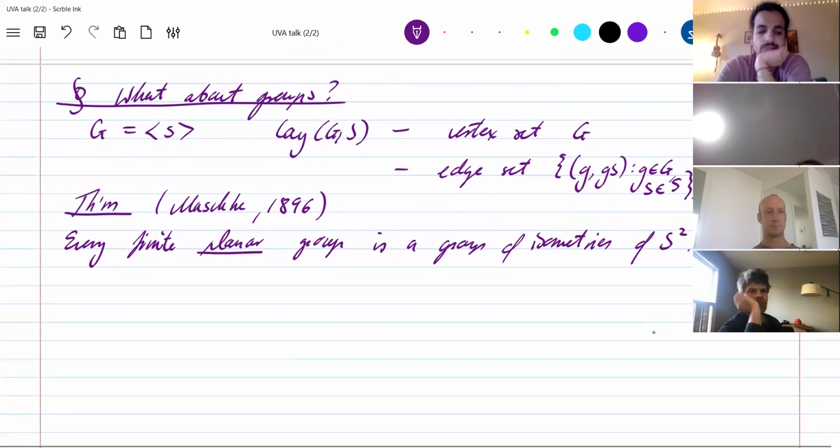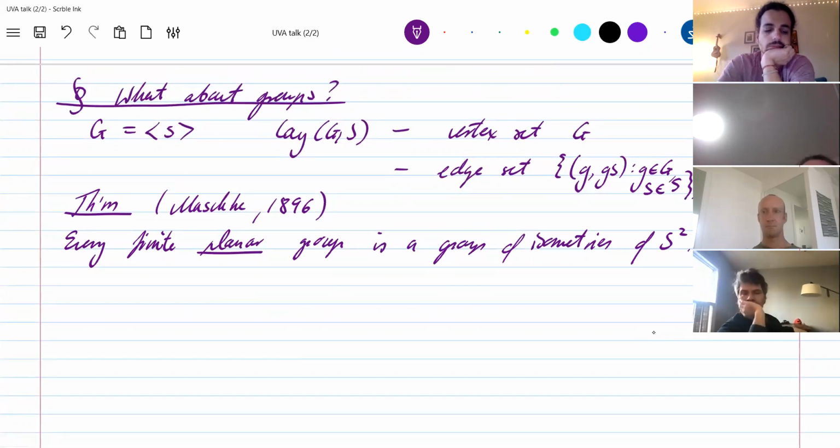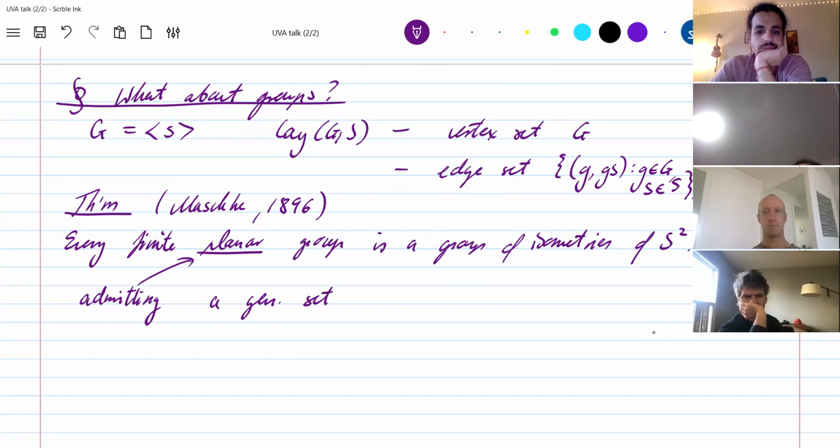Okay, so what do I mean by planar group? Well, in the context of planarity, what we mean is that we admit at least one generating set with respect to which the Cayley graph is planar.